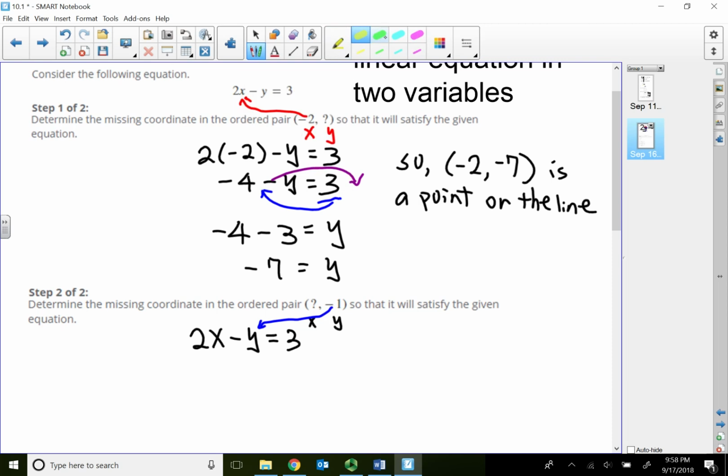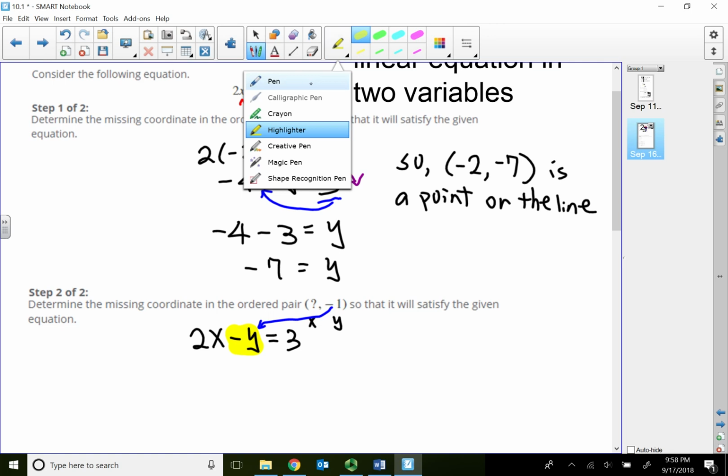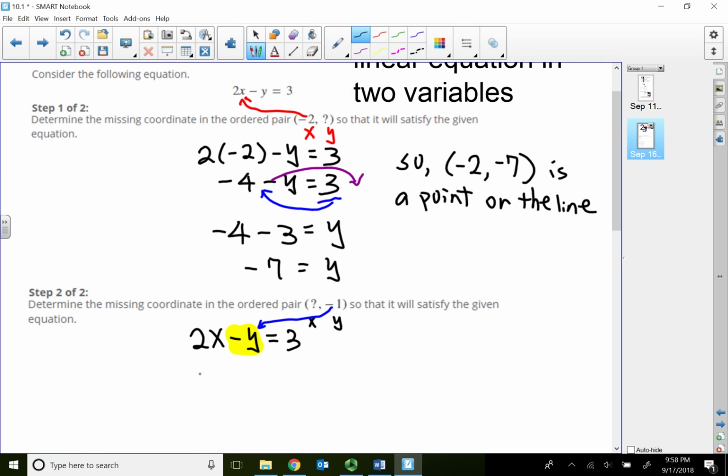Remember, my second term on the left side of the equal sign is -y. -y means -1 times y. So that will be -1 times, substituting -1 for y, -1 in parentheses. Now the same second term becomes +1, because -1 times -1 is +1. So this is 2x plus 1 equal to 3.